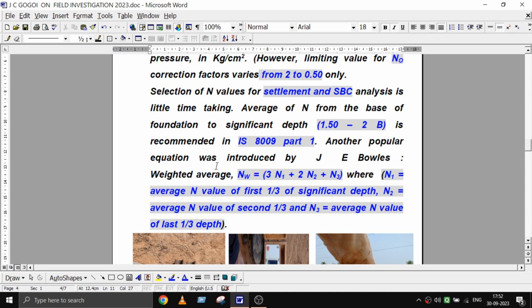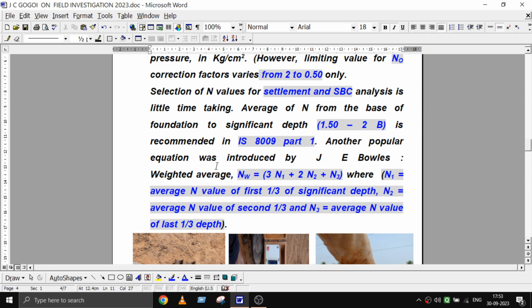IS 8009 Part 1 has suggested that the N value should be taken at 75 centimeter interval, and the average shall be taken from these values up to 1.5B or 2B, and if any individual value is more than 50% off, then that individual value shall be neglected and the average recalculated.